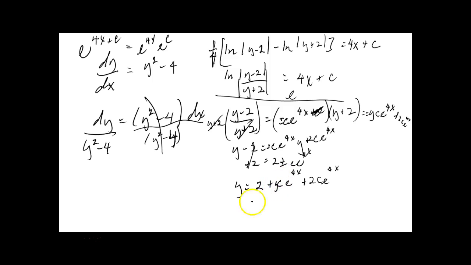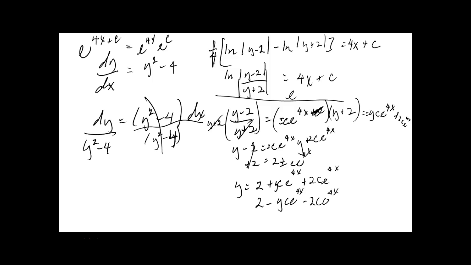That one has a 2 in it. Or 2 minus y c e to the 4x, and let's see, I believe that will be a minus 2c e to the 4x.